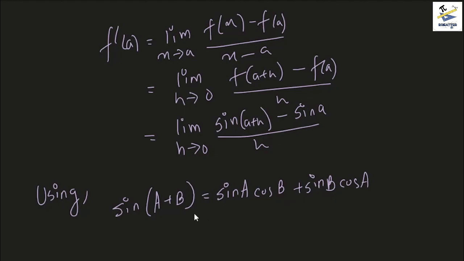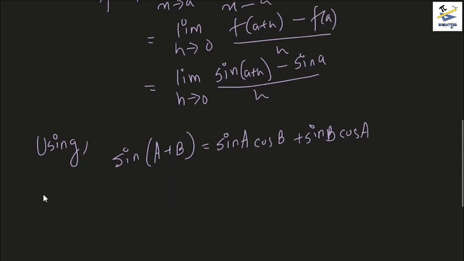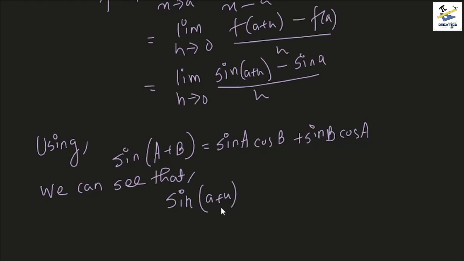So this is the formula, right? Using this formula, we can see that sin of a plus h similarly would be sin a cos h plus sin h cos a.